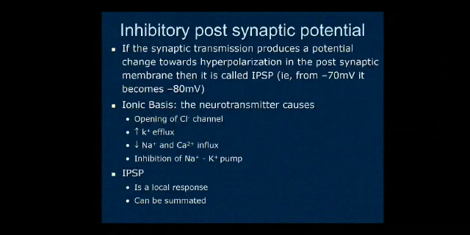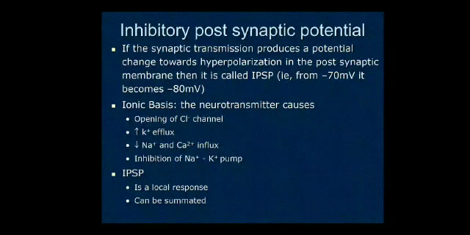It's opposite to excitatory. That means when there is a stimulus from the presynaptic to postsynaptic, and the potential in the postsynaptic goes towards more negative, then it is called inhibitory postsynaptic potential.